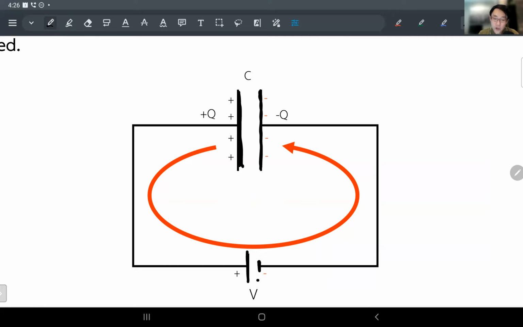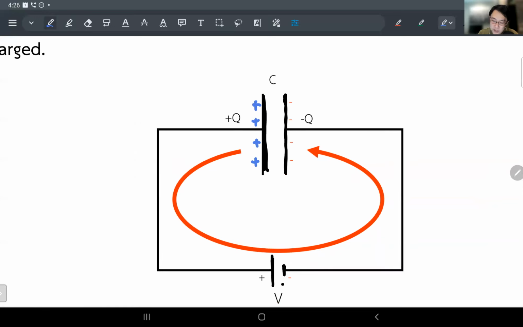So of course, now you know the left plate of the capacitor has higher potential than the right plate. So no doubt, you're going to accumulate positive charge on the left and negative charge on the right. That's not much to it.